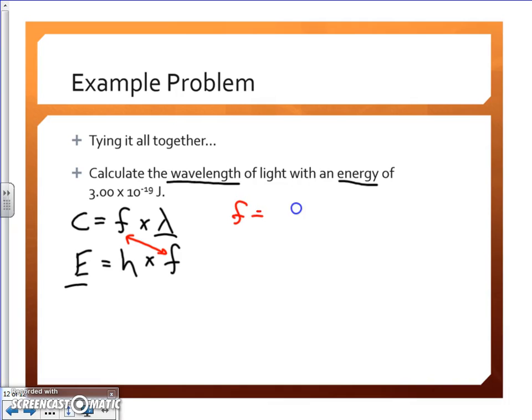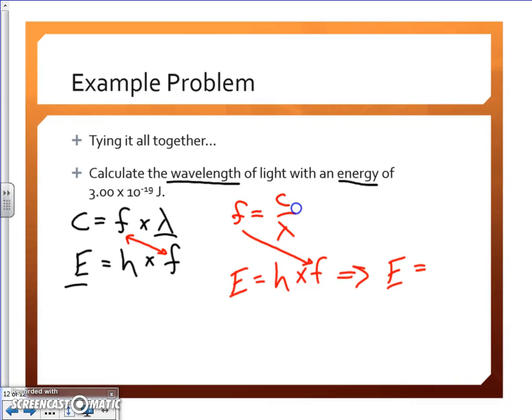Frequency equals speed of light divided by wavelength. And then plug that into energy is equal to H times F. Well, if I know frequency equals this, I can do a little math.